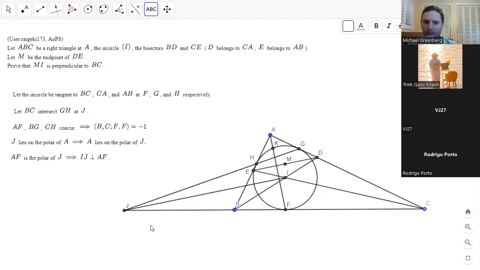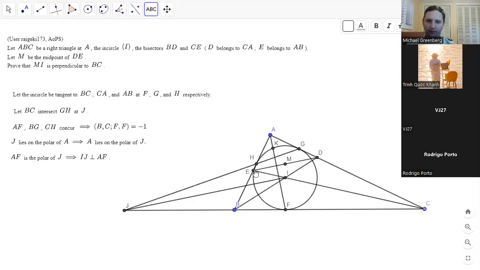Let's think about this. I might need to do a little calculation here. So angle BAF is 180 minus angle B minus angle AFB.